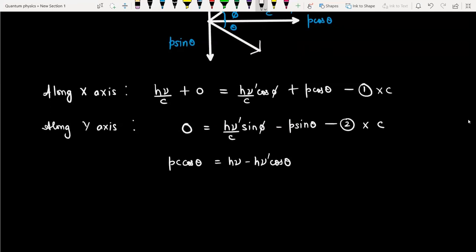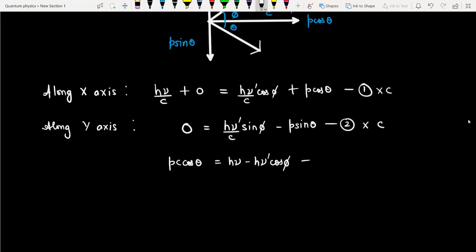Basically we multiply equation 1 by c, this will be pc cos theta, the c cancels, and we send the h mu prime cos phi to the other side. So we have h mu minus h mu prime cos of phi. This is not theta, this is phi.